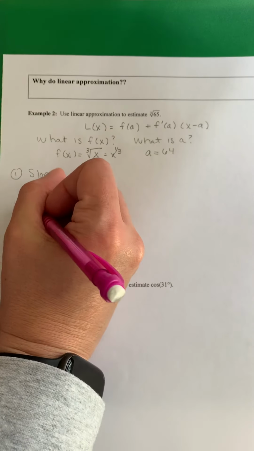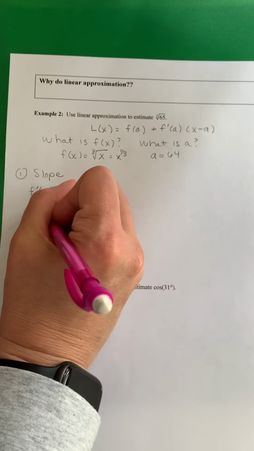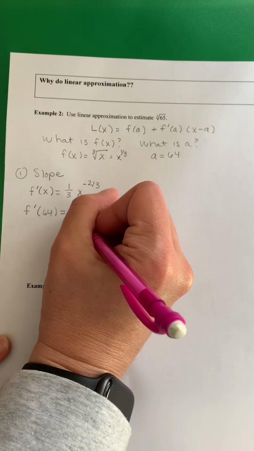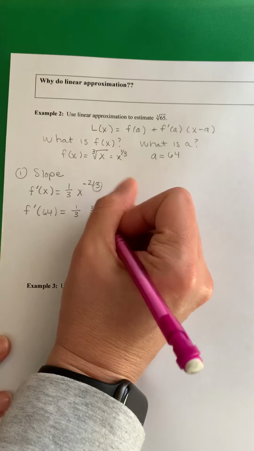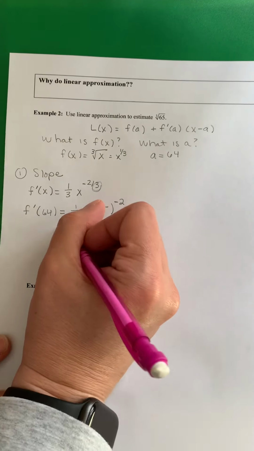So now we want to look at the derivative at our point 64, because that'll be the slope. We're going to have 1/3, and then remember this is our root, so we have the cube root of 64, and then that's still to the negative 2.